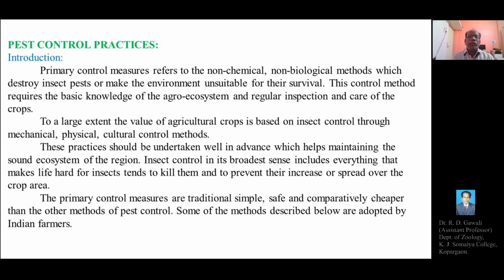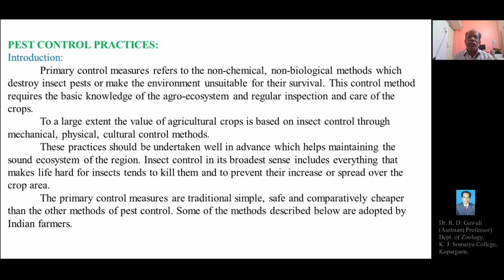This control method requires basic knowledge of the agro-ecosystem and regular inspection and care of the crops. To a large extent, the value of agricultural crops is based on insect control through mechanical, physical, and cultural control methods.